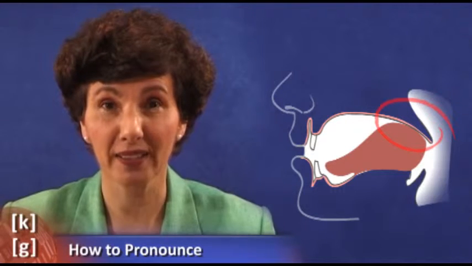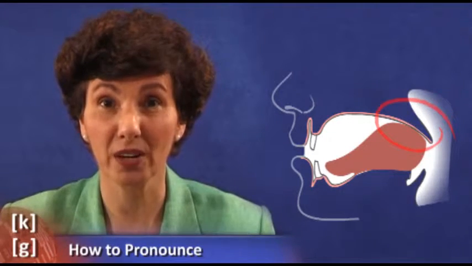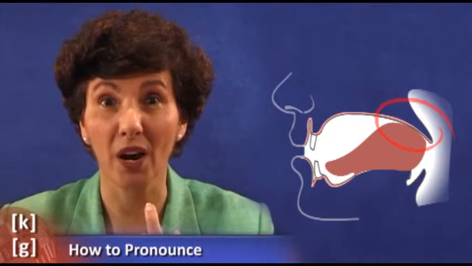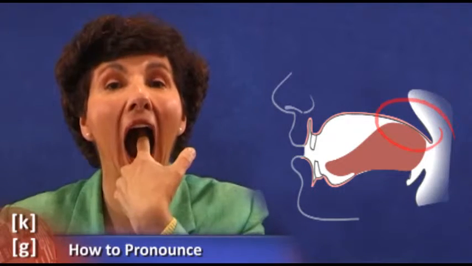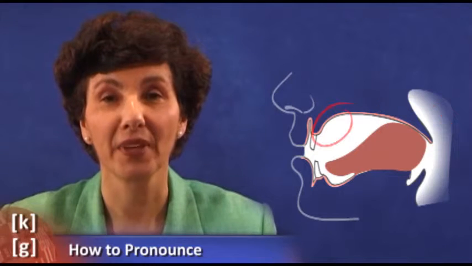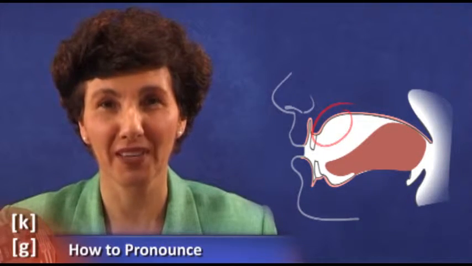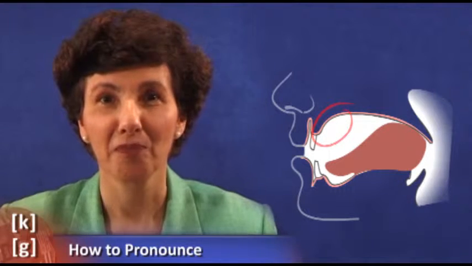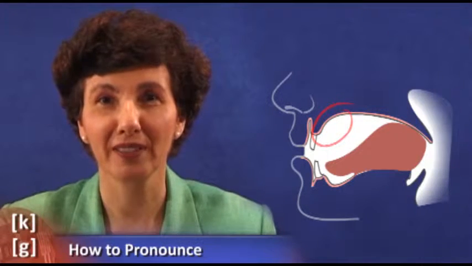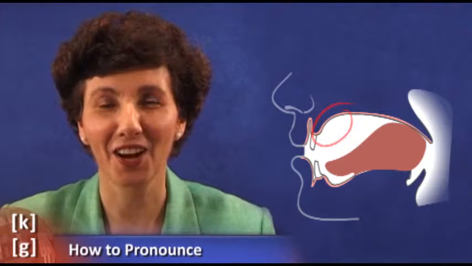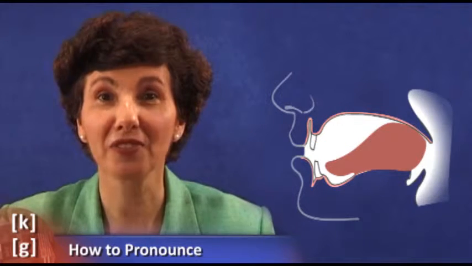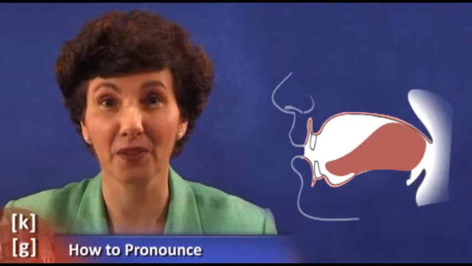Now the soft palate is that softer part on the roof of your mouth further back. Watch, I'll show. Back there. The hard palate is the front of the roof of your mouth. You know that place where you might burn the roof of your mouth if you eat pizza that's too hot or hot cheese? So we're talking further back in the mouth for this sound.